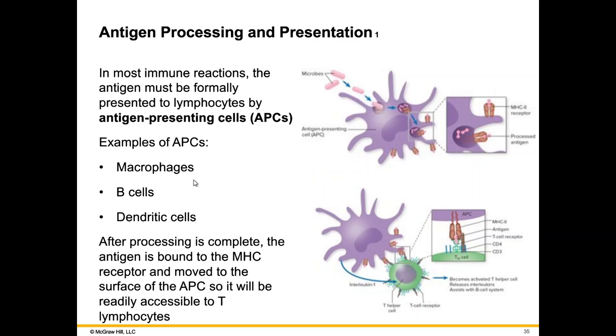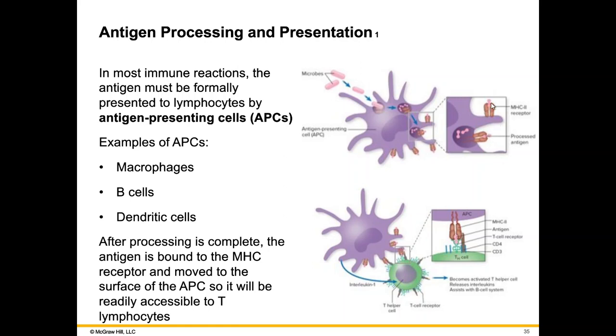So let's say it could be a macrophage or B cell, dendritic cell, but it's going to engulf that thing that it's detecting as foreign, and it's going to chew it up essentially. Remember, our macrophages and other cells like them, our phagocytes, have digestive capabilities. They're going to then take a piece of the bacteria or virus, whatever it is, this microbe, this pathogen, and present it using the MHC II receptors.